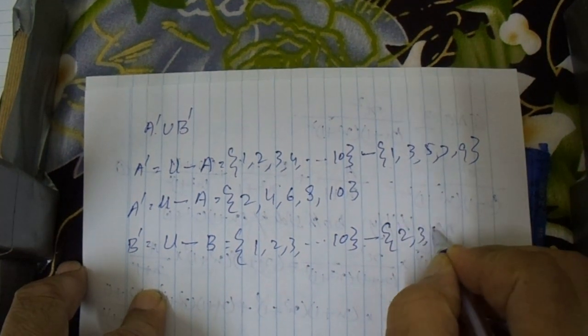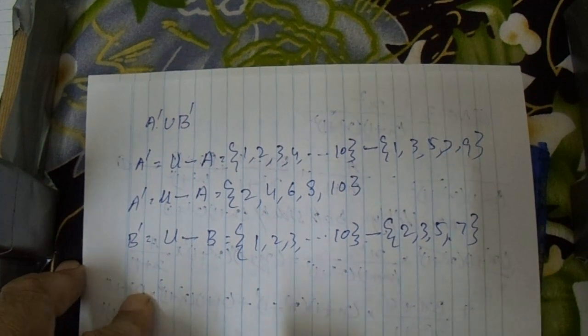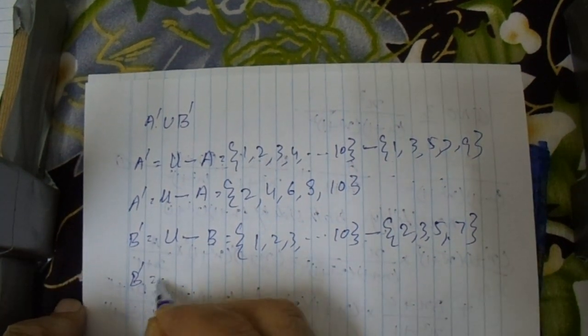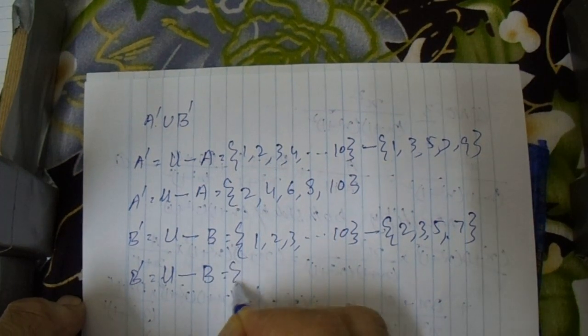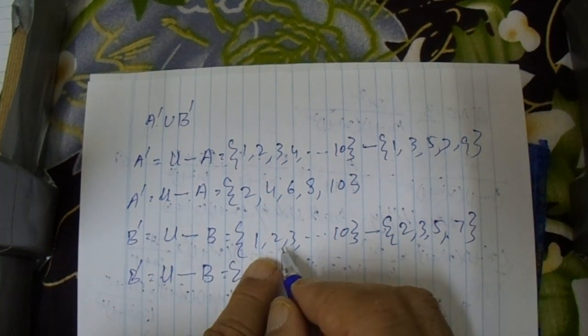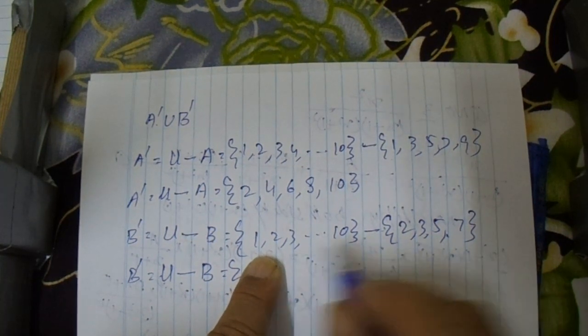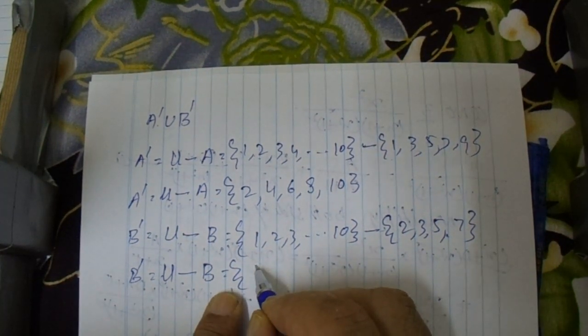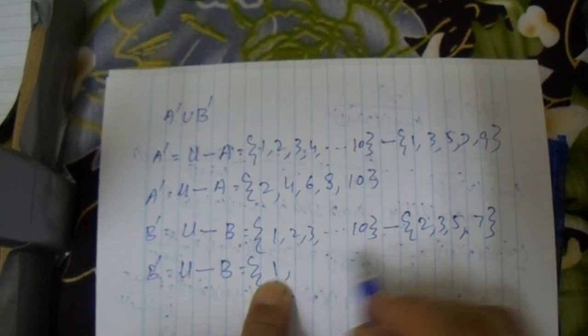B complement is equal to the universal set minus B, and we write all elements of the universal set which are not present in this. Now 1 is not present in this, we write 1.